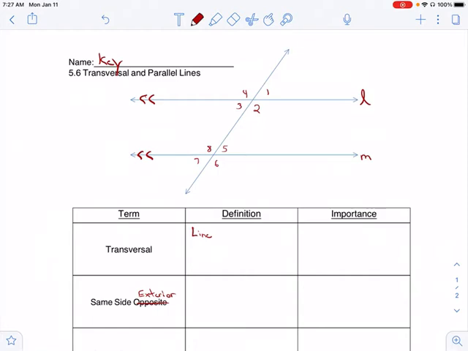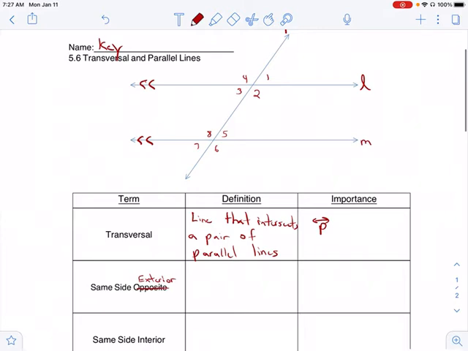So the first term is transversal, and this is a line that intersects a pair of parallel lines. So in this case, maybe I could call this P. I can say that line P is my transversal in this particular case. That would also be some notation for line P, generally denoted with a lowercase letter.